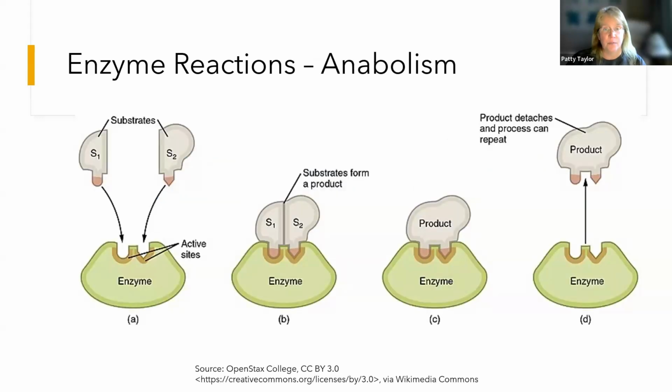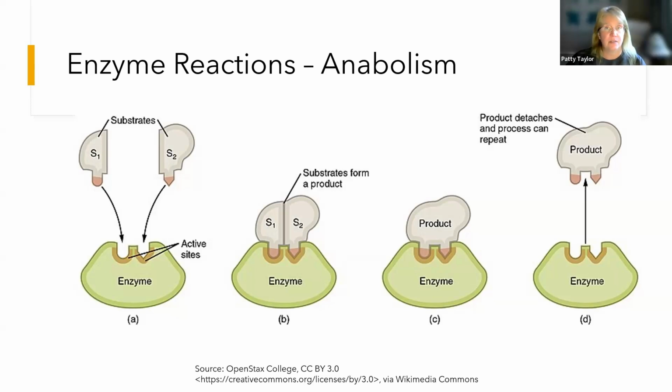Let's take a look at this one. So in this reaction, you'll notice the enzyme fits together with two substrates. Here, they are labeled as S1 and S2. And through the course of this chemical reaction, by the time you reach letter D, you have a product that has been assembled from two individual components. In other words, monomers came together to create a polymer.